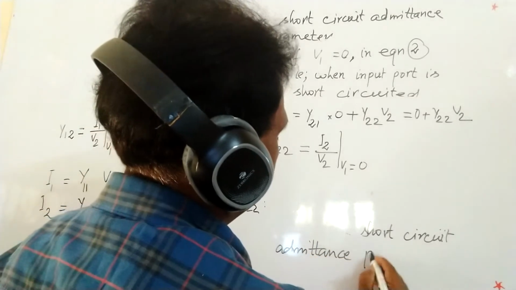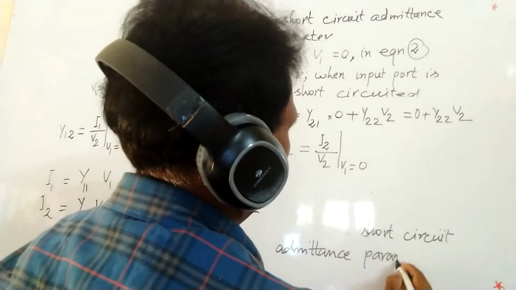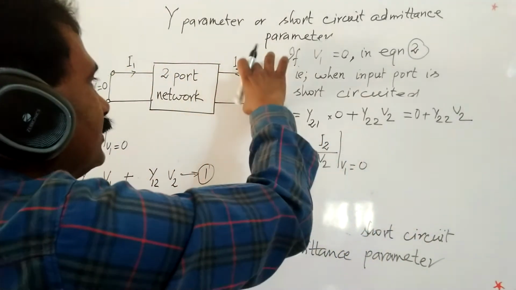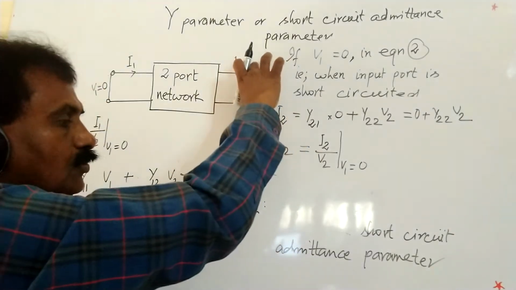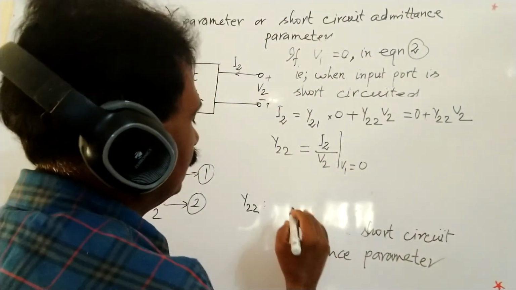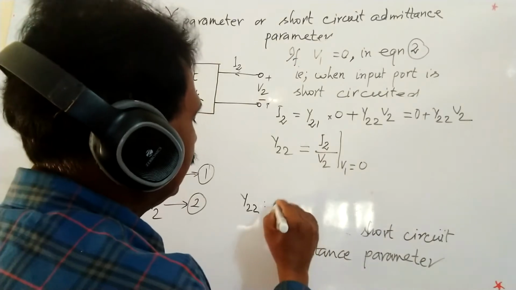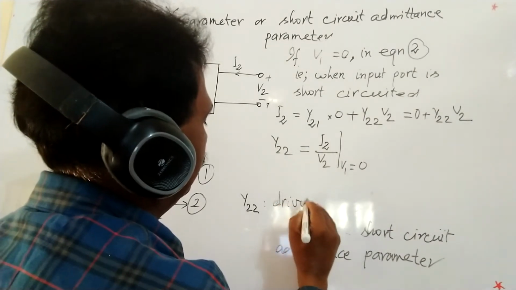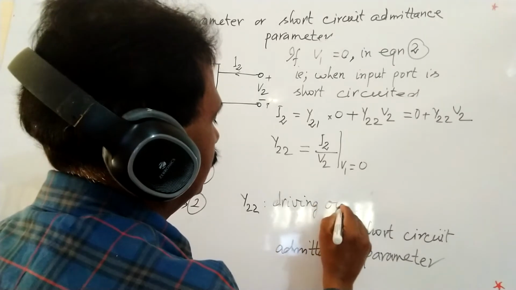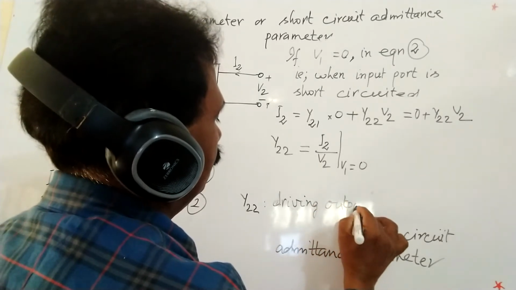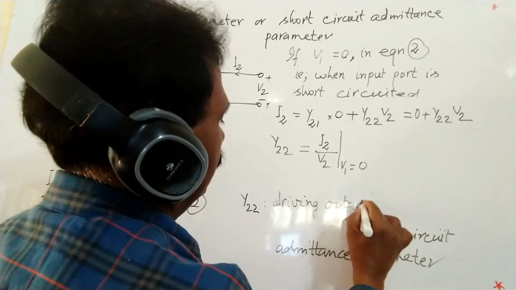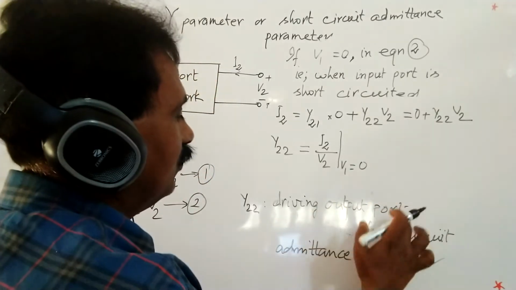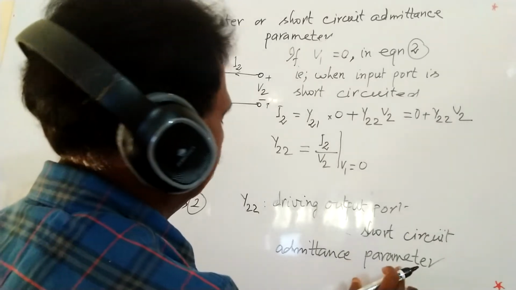Okay, short circuit admittance parameter. But here what we are observing, these two values are from the same port, it means port 2. Therefore this is known as driving output port short circuit admittance parameter.